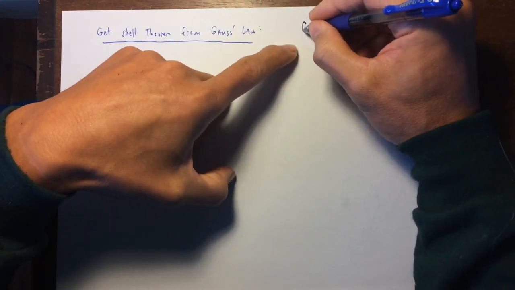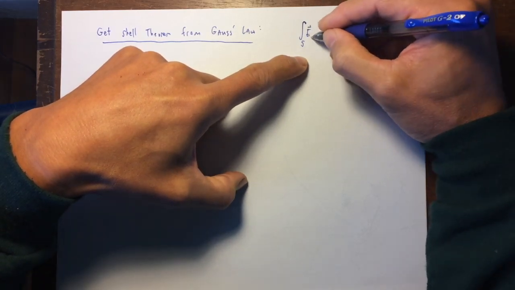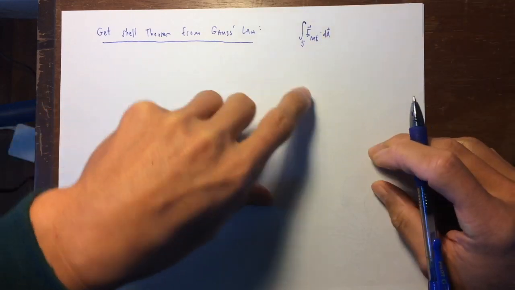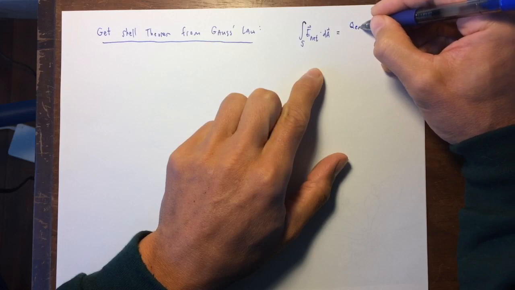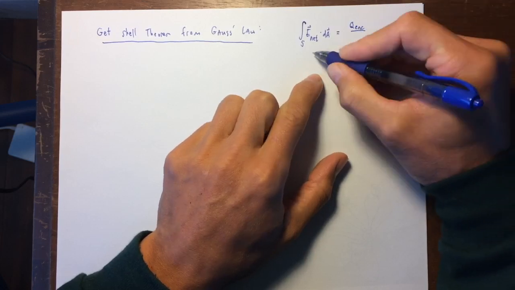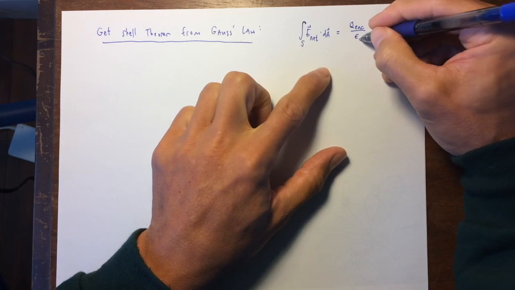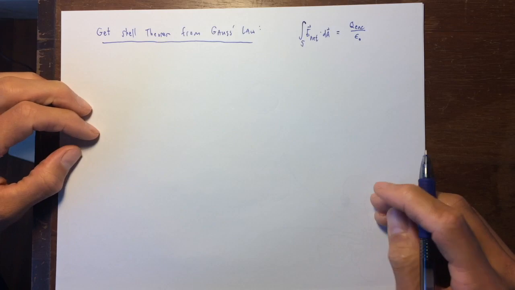Gauss's law says that over an arbitrary surface S, if you calculate the flux of the net electric field of a charge distribution, then all you will ever get is the charge enclosed by my arbitrarily chosen surface S divided by epsilon naught. That's the guarantee associated with Gauss's law.